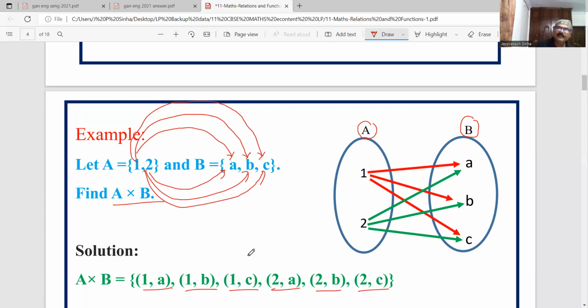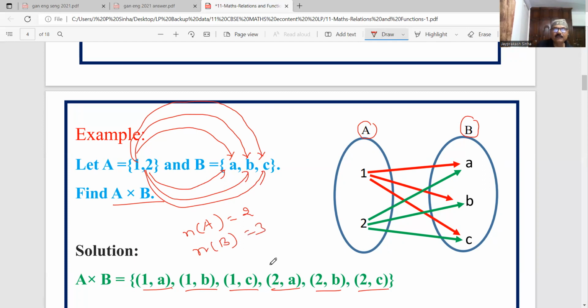Now see here, how many ordered pairs are there? 1, 2, 3, 4, 5, 6. What is the number of elements in set A? Number of elements in set A is equal to 2. What is the number of elements in set B? It is 3.